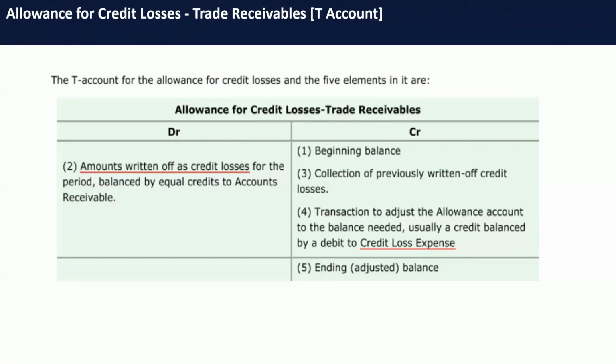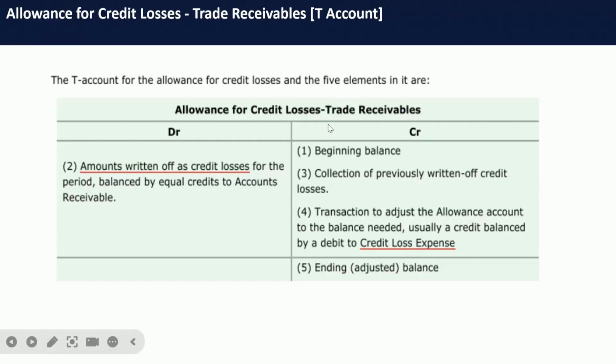How do I create it? That is through expectation. We will estimate how many customers might not pay me. That is what we call provision for bad debts. Here we just use a different accounting term. You remember writing these entries, right? 5% accounts receivable was termed as bad debt. Same thing, same estimations, but here we call it the allowance for credit losses account.